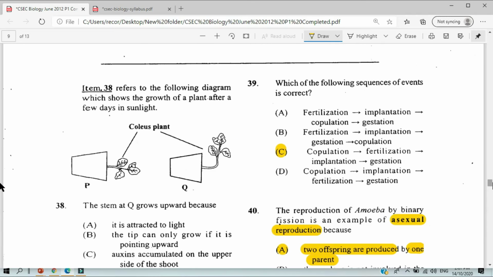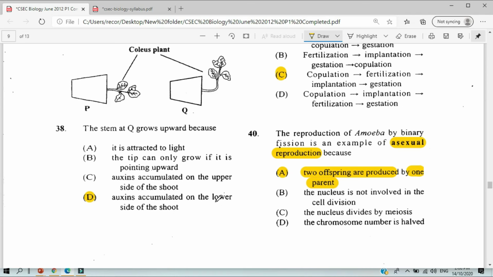Alright, question number 38 refers to the following diagram, which shows the growth of a plant after a few days in sunlight. Now, your question is, the stem at Q grows upward because we chose D, auxin accumulated on the lower side of the shoot.